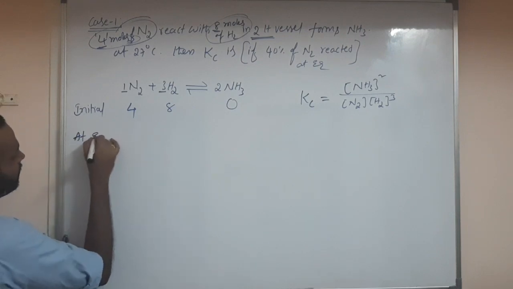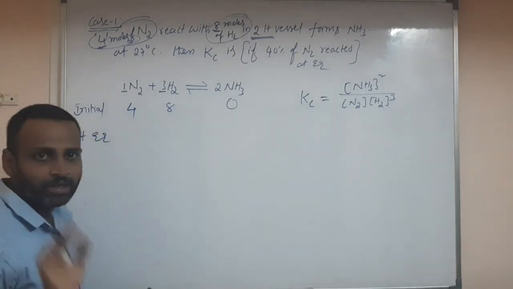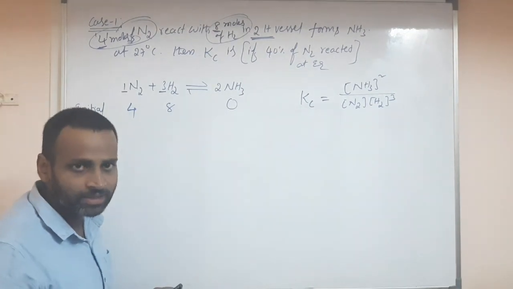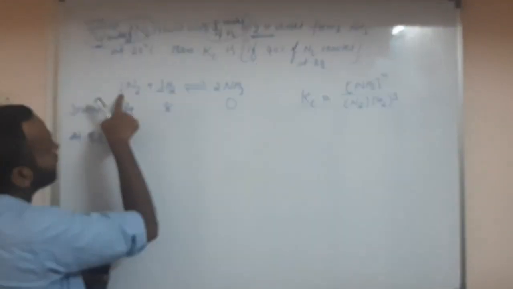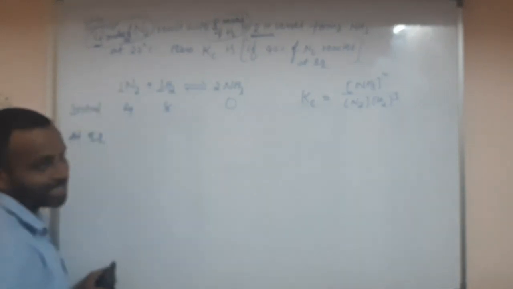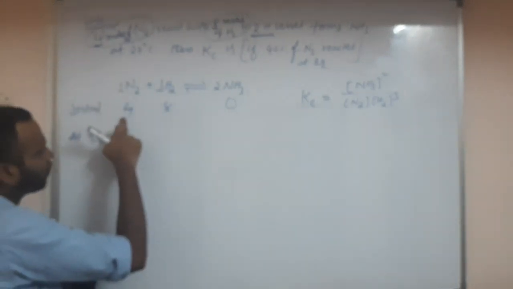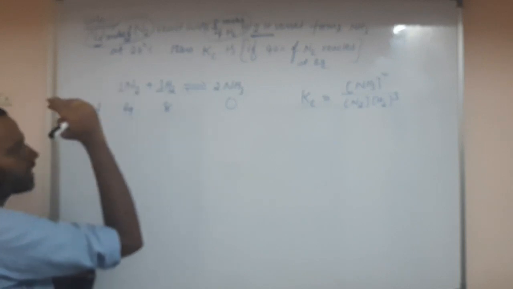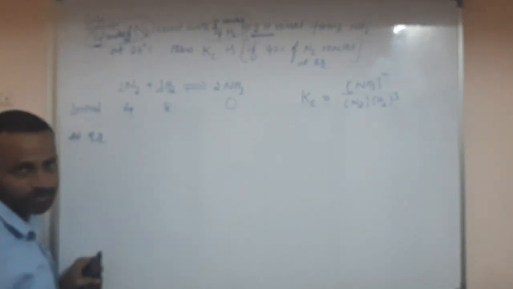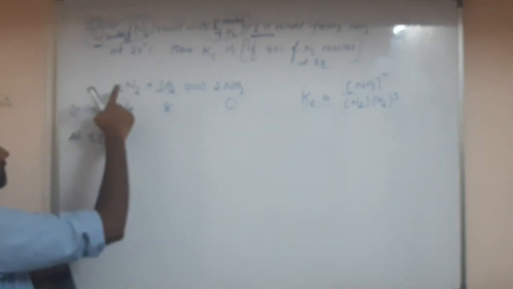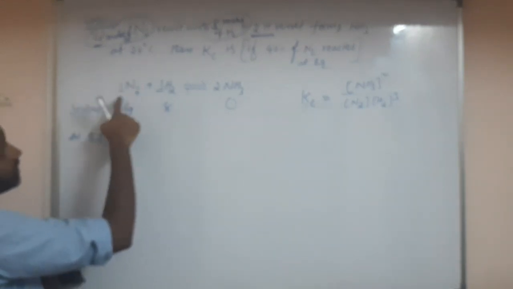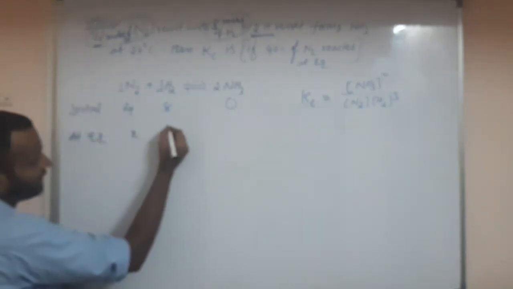But remember, at equilibrium, the reaction always happens based on the number of moles you have in the reaction. Even if 4 moles or any number is given, it does not matter, they give an excess. But here, however many moles you have, those many only will react.